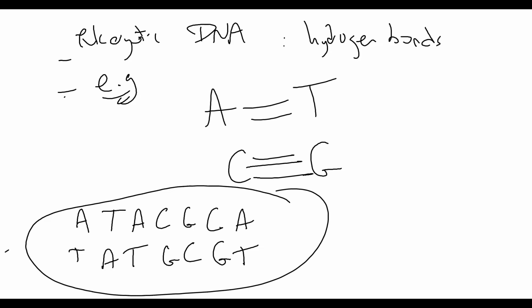Because here we have 2, 2, 2, 2, 3, 3, 3, 2. Perfect. Okay, now I want to do a trick. And the trick says I change the word eukaryotic DNA and I put prokaryotic DNA. Okay?